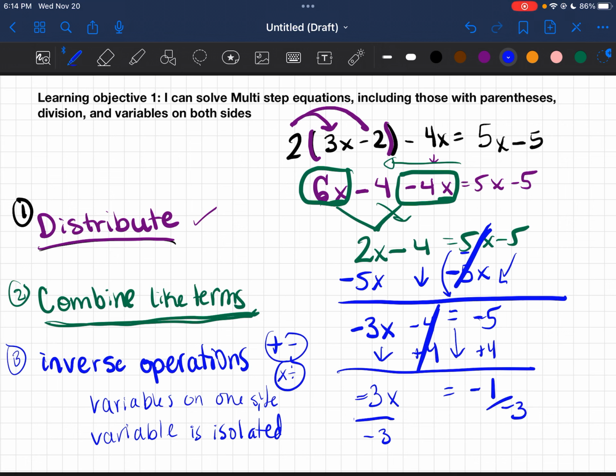So -3 divided by -3 is 1, 1x. And I'm going to bring down the equal sign, and -1 divided by -3, if I put that into my calculator, is going to be positive 0.33, repeating. That is the solution to this equation.